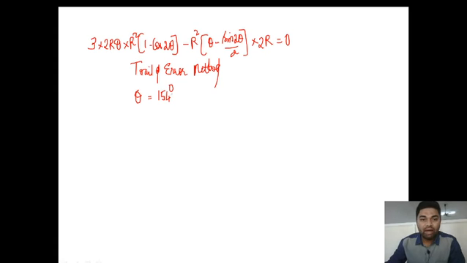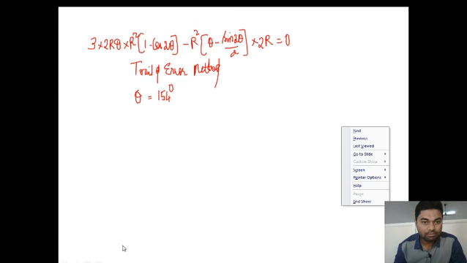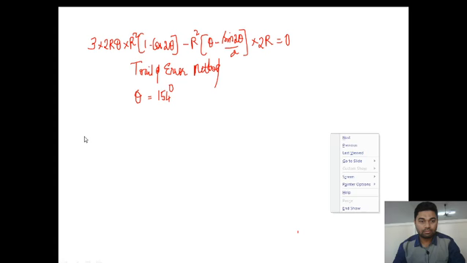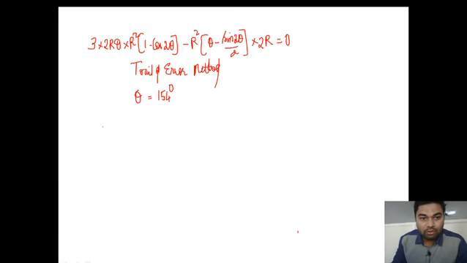We also know that the depth of the flow d is r minus r cos theta, which is equal to r into 1 minus cos theta.